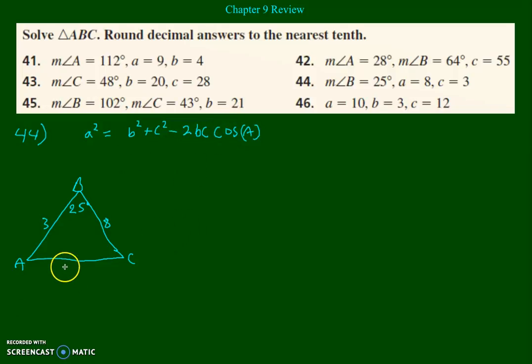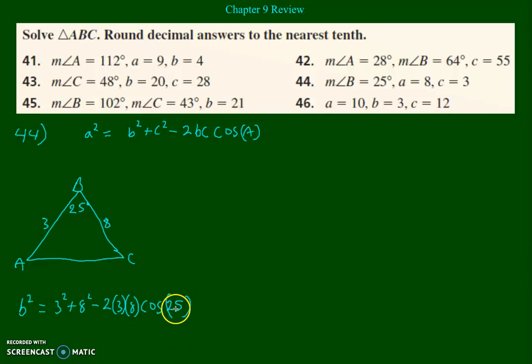So in this case, if we would like to find, let's find B. B squared equals the sum of the squares of the other two sides, 3 squared plus A squared, minus 2 times 3 times 8, cosine B, 25.